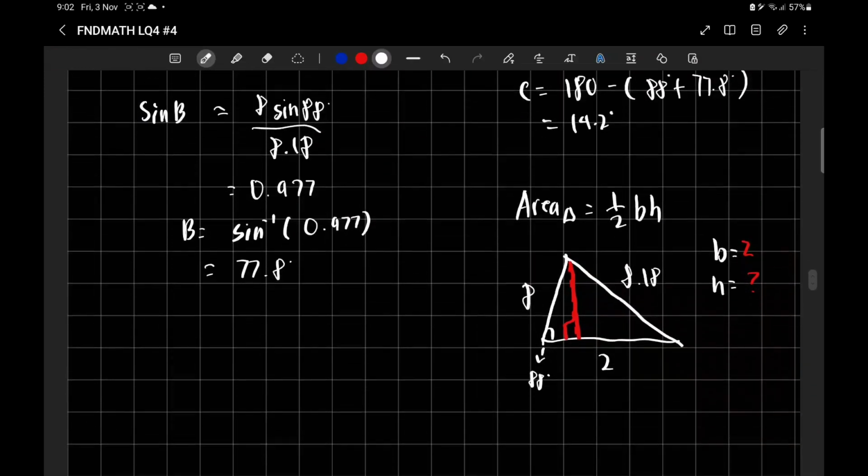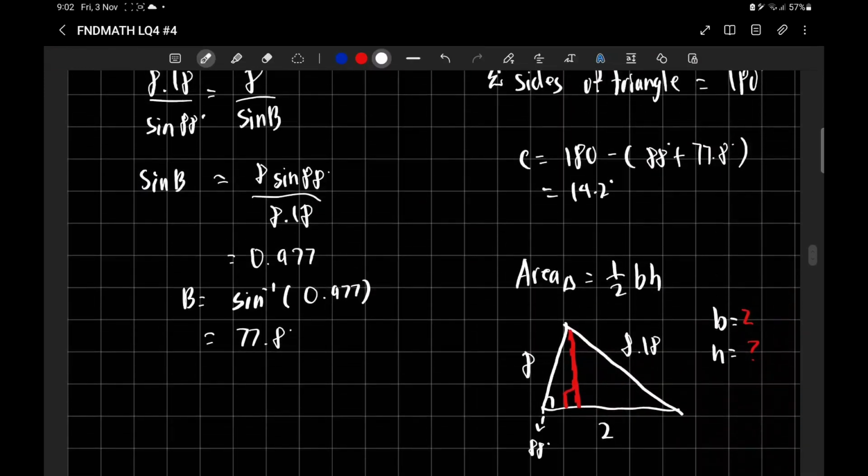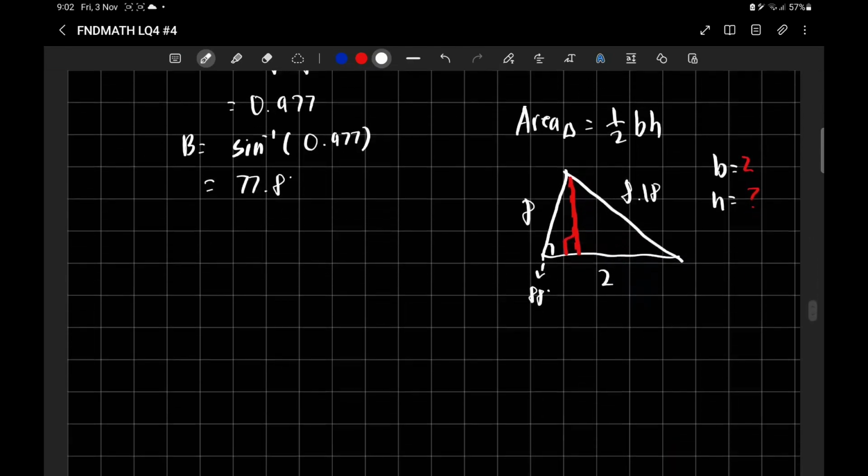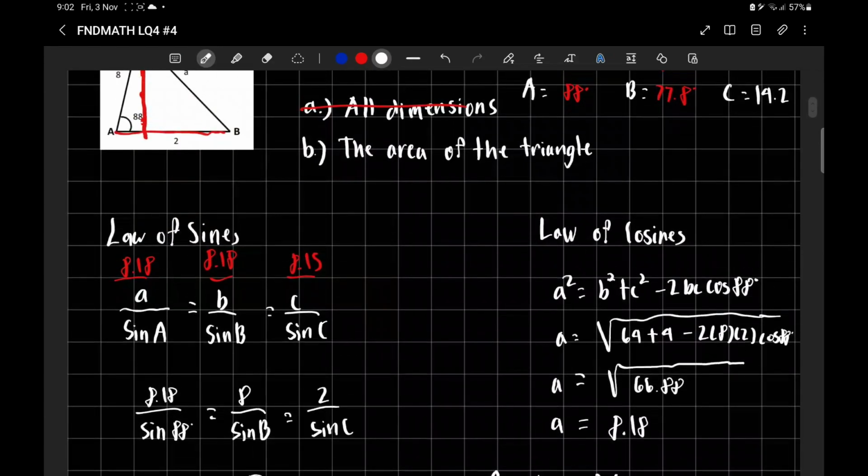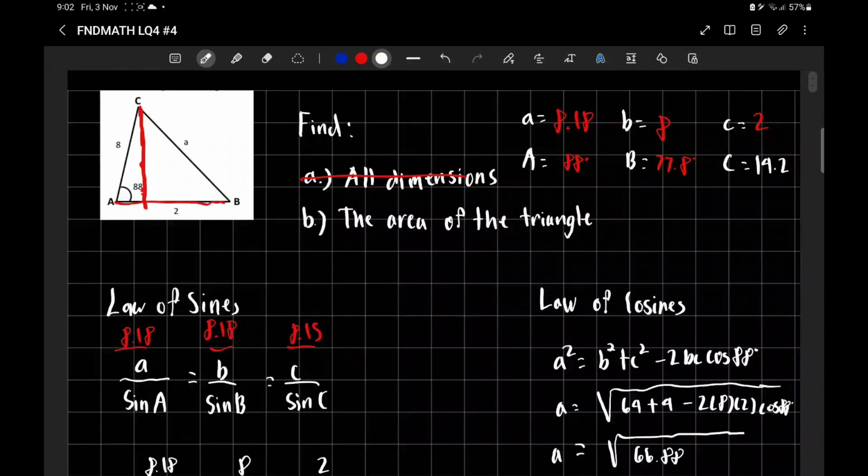So we can solve for the height, because now we can use the trigonometric function of cosine, since we have a right triangle here. If you're wondering why we use trigonometric functions over here, even though I've said that we can't use them when it's not a right triangle, well, these equations are derived from making this obtuse triangle a right triangle.